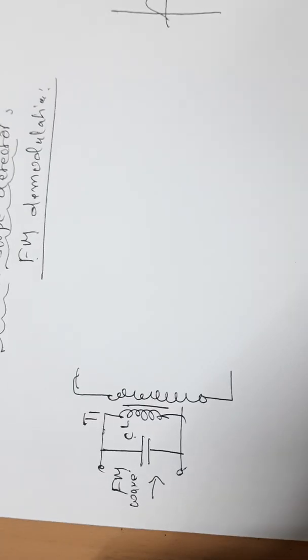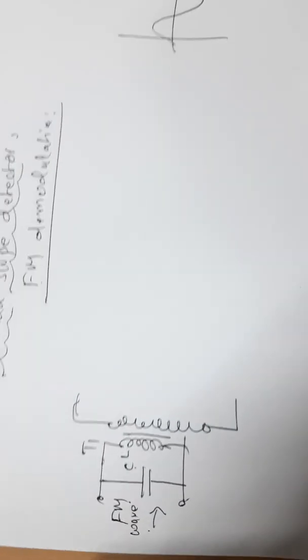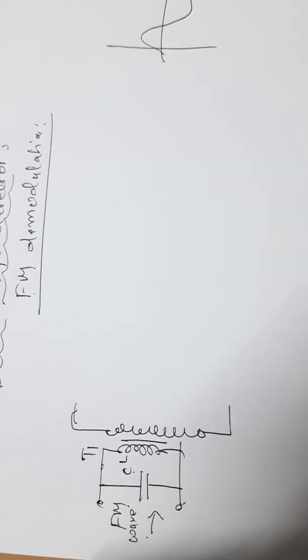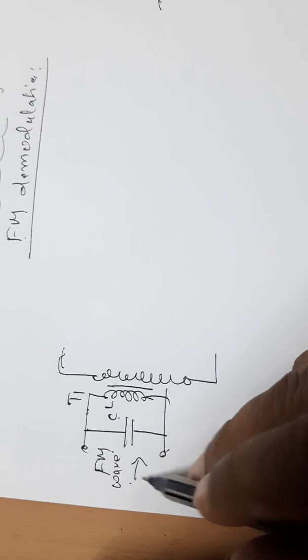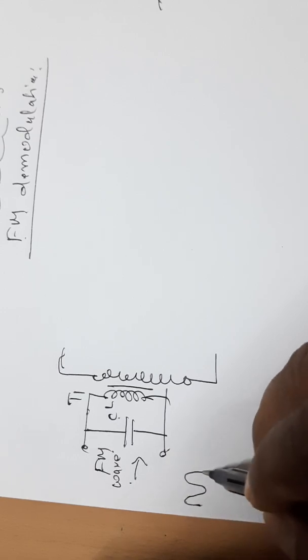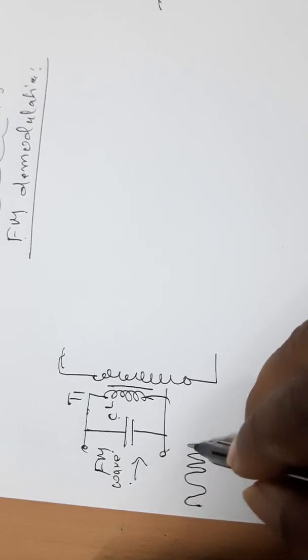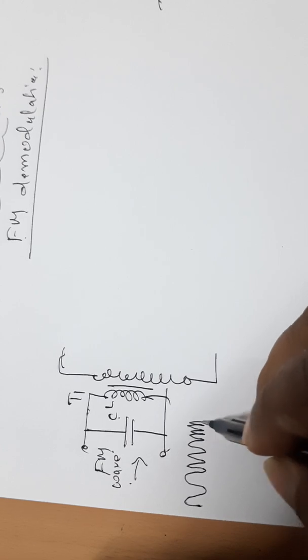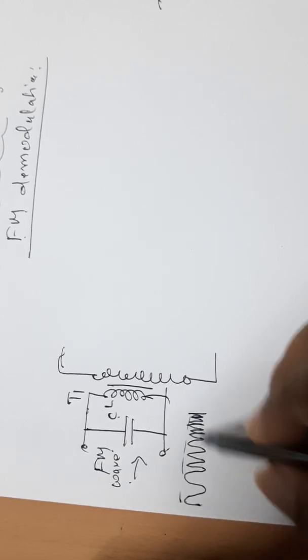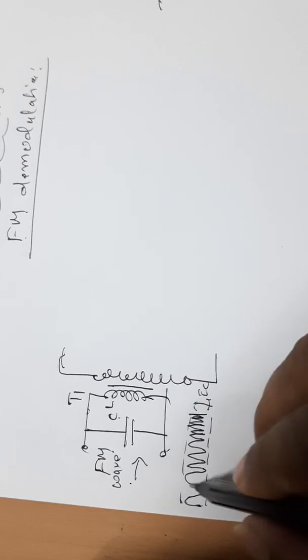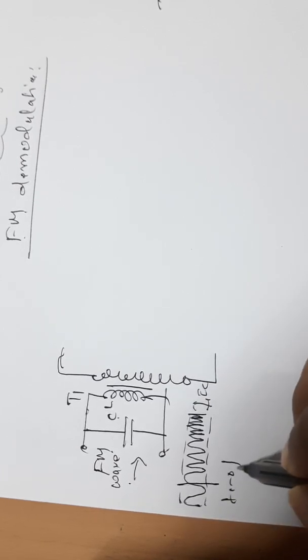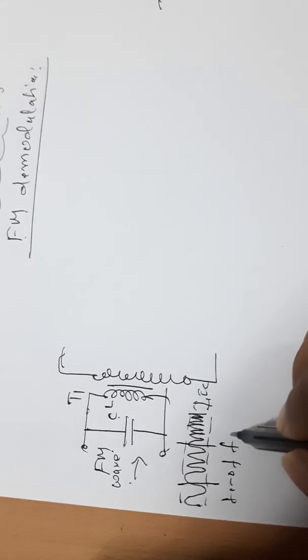So conversion of this FM wave into a sine wave is called demodulation of FM wave. How is this FM wave present? The FM wave consists of low frequency, normal frequency and high frequency, where the amplitude remains constant as Ec itself. So this is Fc minus delta F. This is the normal frequency Fc.